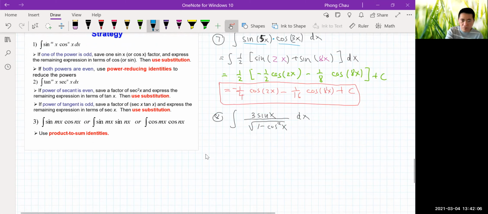In fact, we can still use substitution, right? Because if I let u be what? Cosine x. Okay, u is cosine x. And why do I choose that? Well, because the derivative of cosine is negative sine x dx.